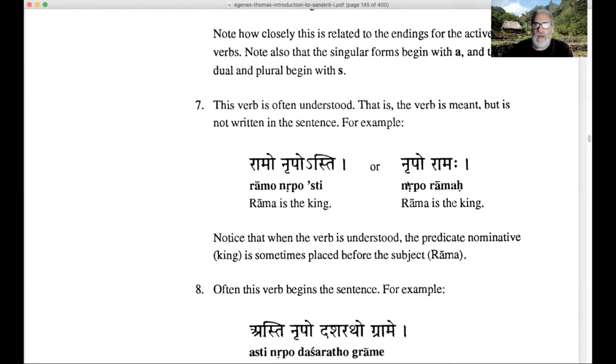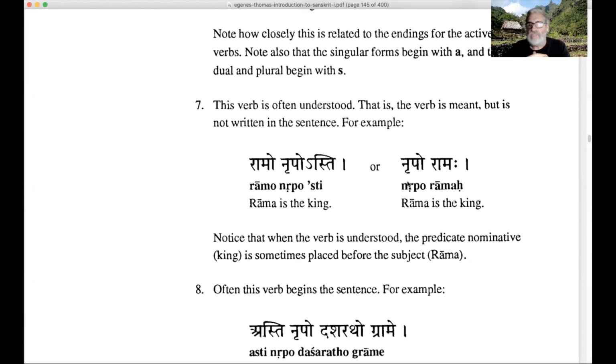It becomes ramaha, nominative singular, nripaha, nominative singular, asti, third person singular. Rama is the king, or there is a king Rama. We could also say this without asti at all. We could just say nripo ramaha, or ramo nripaha.